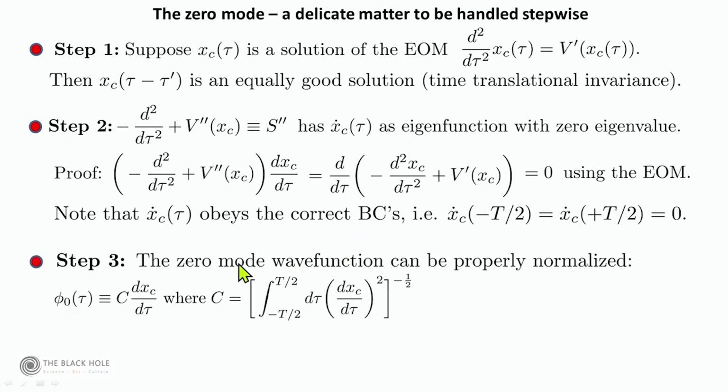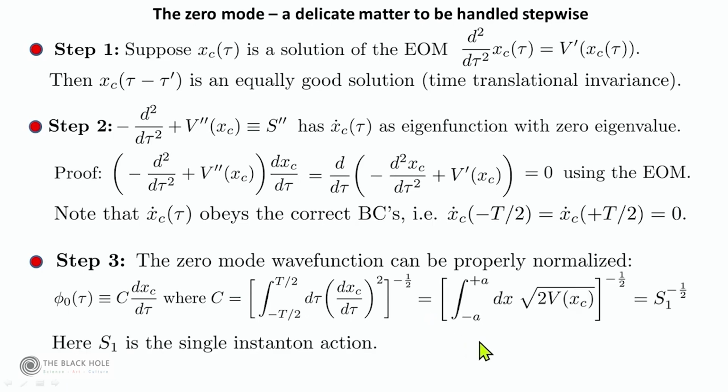Well, the zero mode function is xc dot, but it has to be normalized. We can do that. That's easy enough because it doesn't vanish anywhere. And you see that from here, we can just square this side, integrate it, and then divide by c, and that'll give us the proper normalization.